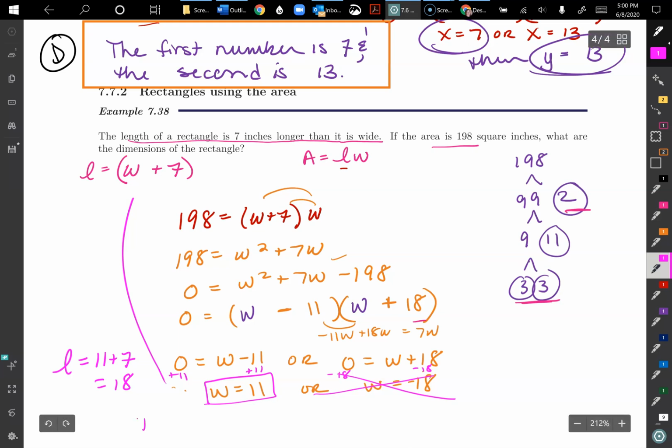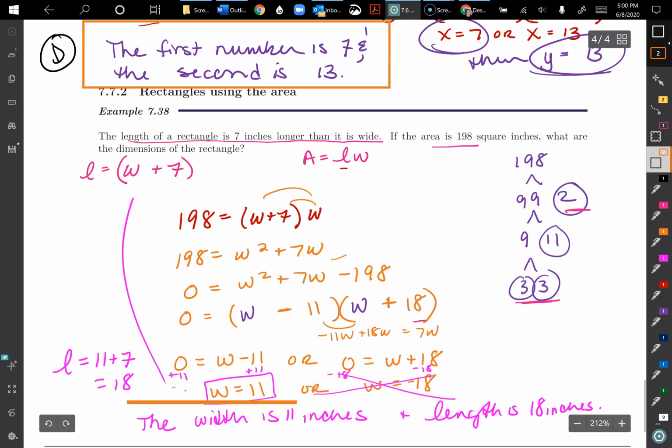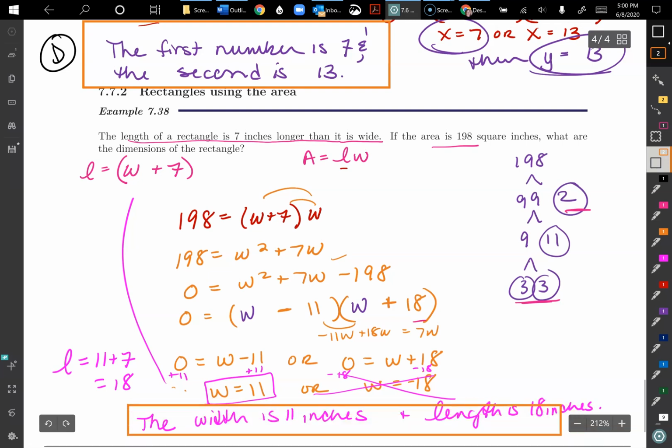So now we're going to say the width is 11 inches and the length is 18 inches. And that is it for this chapter.